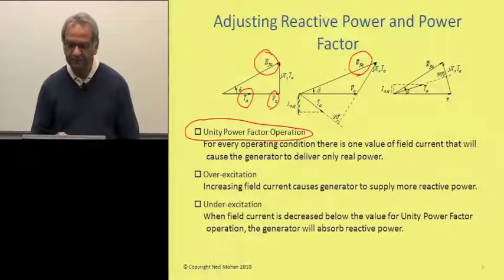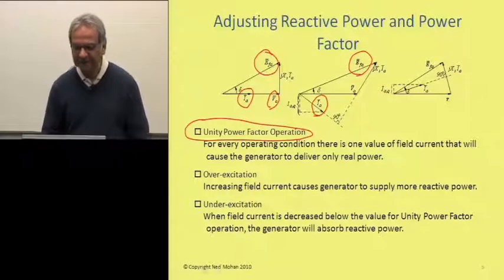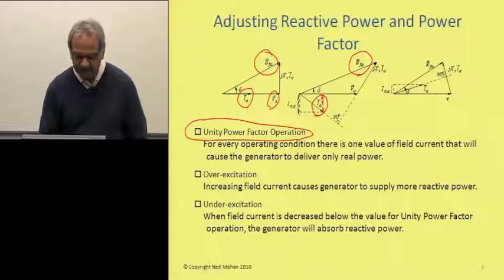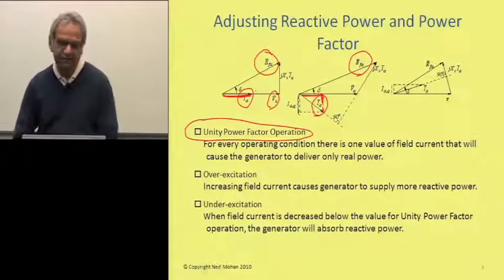And in this case, the current phasor would be at this angle, and you can see the projection of this current phasor onto the V sub A axis. That corresponds to real power, and is the same as this in this diagram over here in the unity power factor case.